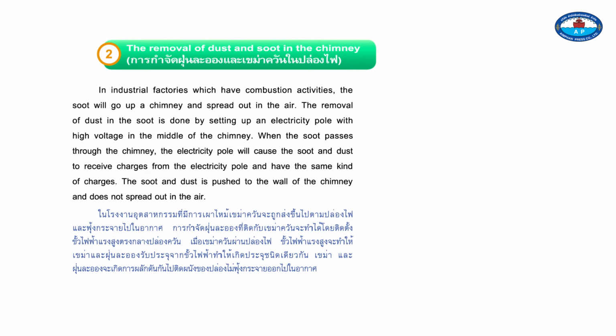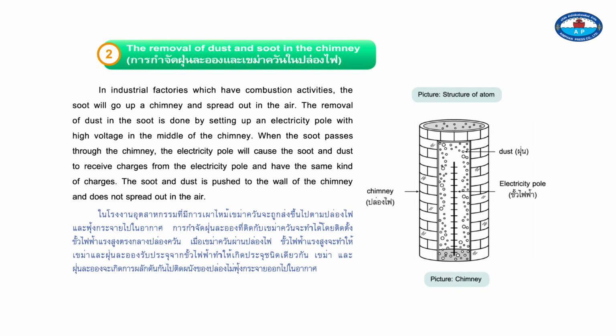When the soot passes through the chimney, the electricity pole will cause the soot and dust to receive charges from the electricity pole and have the same kind of charges. The soot and dust is pushed to the wall of the chimney and does not spread out in the air. Picture: structure of atom. Dust, chimney, electricity pole. Picture: chimney.